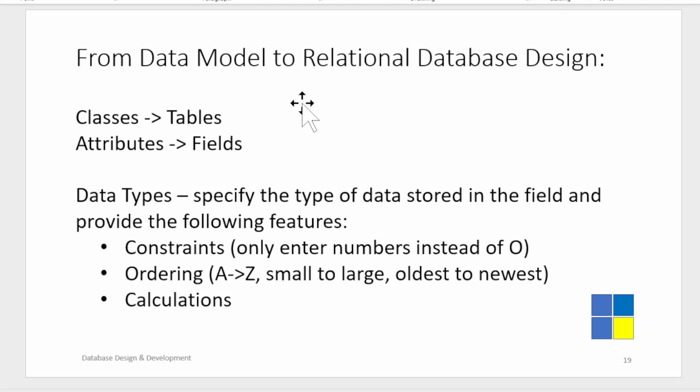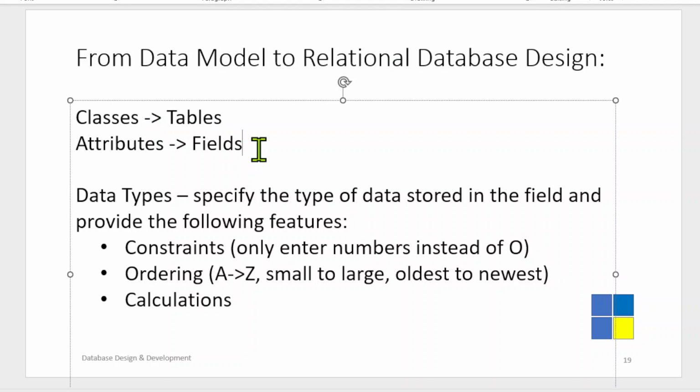So again, keep in mind, classes become tables, attributes become fields or columns. I know it's fields in the books and in the test, but out in the real world, everybody calls them columns for the most part. Your data types should be specific to the data stored in the field, and you want to provide features and constraints. You might only allow numbers instead of letters.